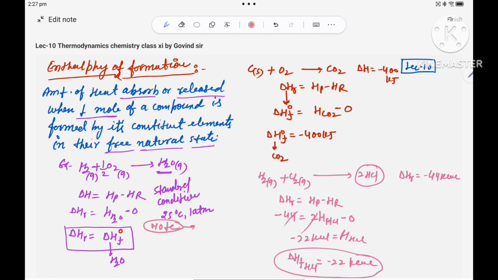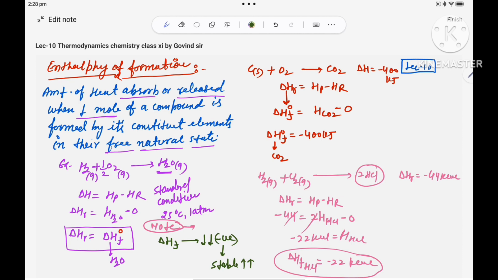Here you can make a note, a 500 rupees note. The note is: how much energy is released, that means delta HF, enthalpy of formation, the more negative the delta HF, the more stable the compound will be. Suppose 4 options are given with enthalpy of formation.